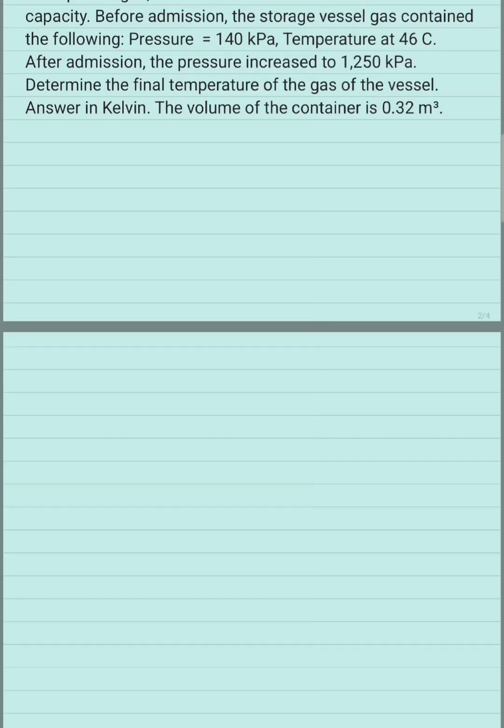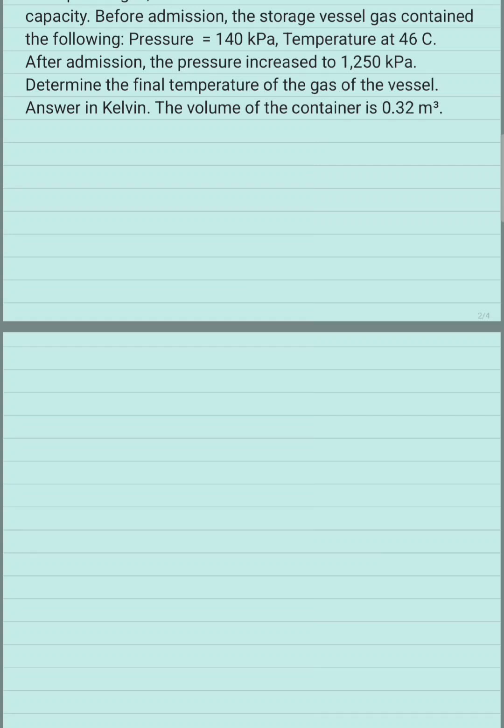It is contained with the pressure of 140 kilopascal and a temperature of 46 degrees Celsius. And then after admission, the pressure increased to 1,250 kilopascals. Determine the final temperature of the gas of the vessel. So the answer is in Kelvin. And take note that the volume of the container is 0.32 cubic meters.